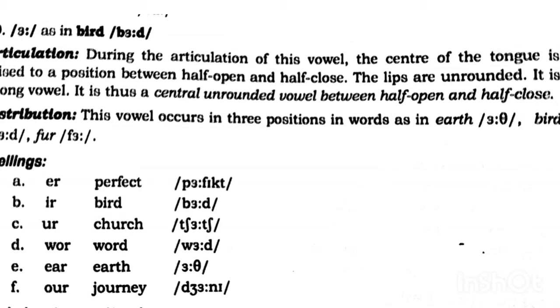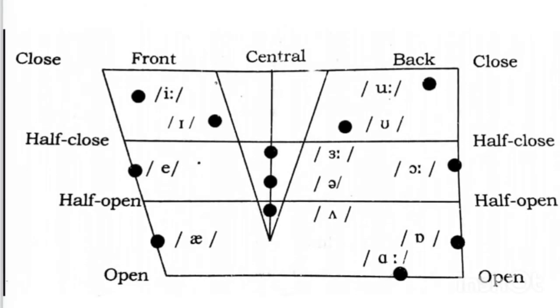Coming to the articulation, during the articulation of this vowel, the center of the tongue is raised to a position between half open and half close. It is called a central vowel because the center of the tongue is raised, and that too to a position between half close and half open.